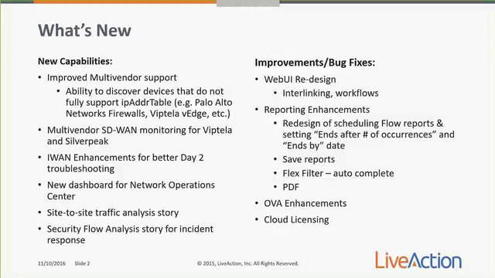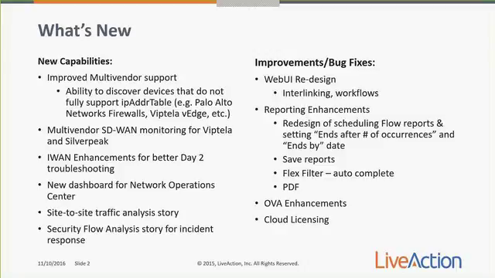And these are devices such as the Palo Alto Network firewalls, Viptela vEdge devices, Silver Peak devices, as well as Riverbed. And basically what that means from a LiveNX perspective is that we're now able to allow end users to set the IP addresses per interface. And that really allows you to get that end-to-end visualization of your network topology for your devices. We're going to learn a lot more about this as the presentation moves forward.